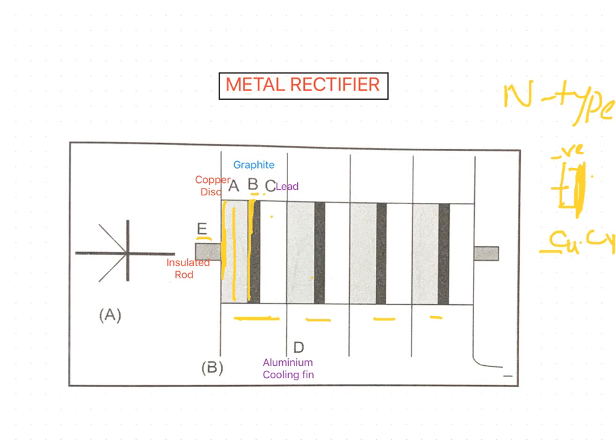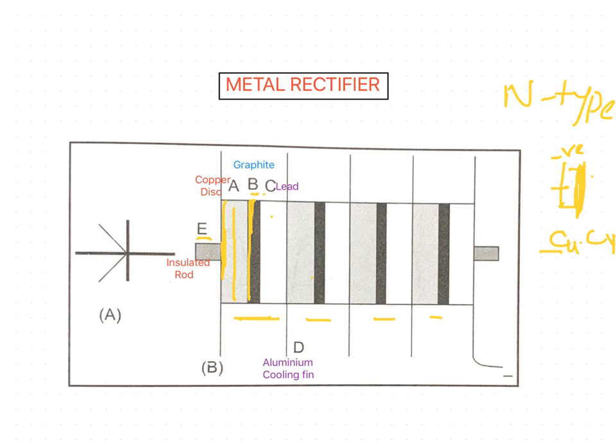The materials are chosen so that a potential difference develops only at one surface of the copper oxide. Lead is used because, being a soft metal, it makes good contact with the other discs when they are bolted together. The cooling fin serves to radiate the heat generated, which would otherwise interfere with the working, and is also used to lead the current in and out of the rectifier.